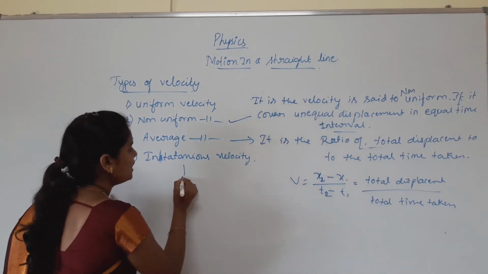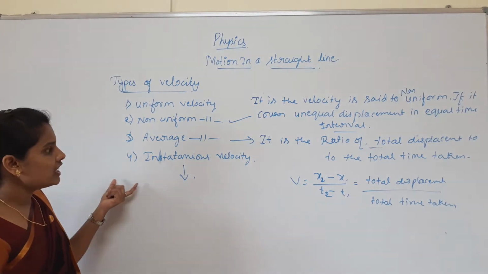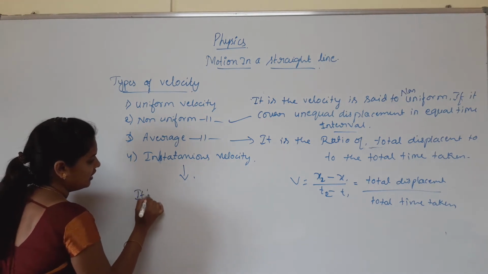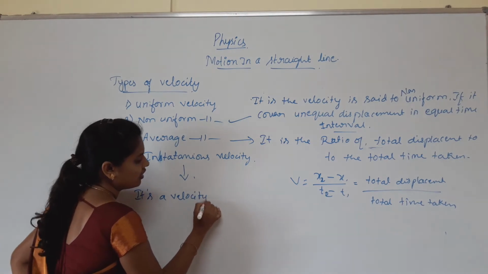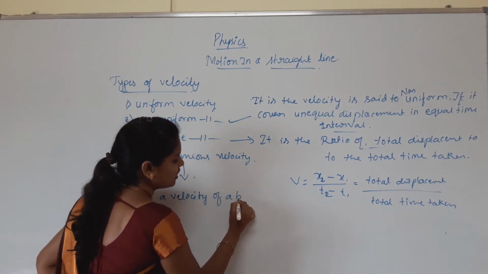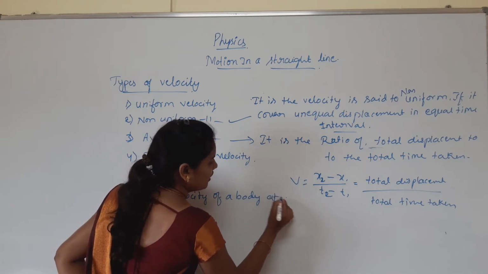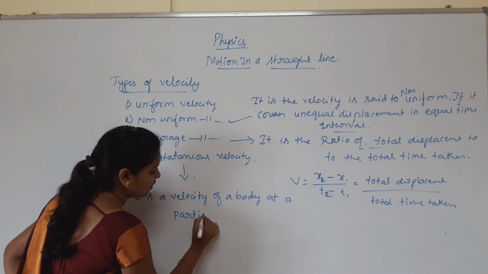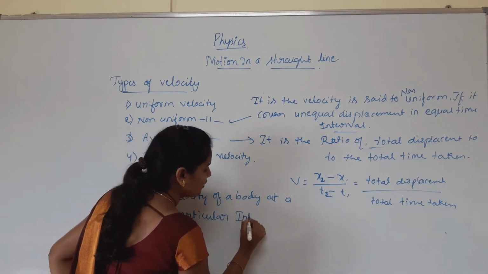And instantaneous velocity. What do you mean by instantaneous velocity? It is the velocity of a body at a particular instant of time.